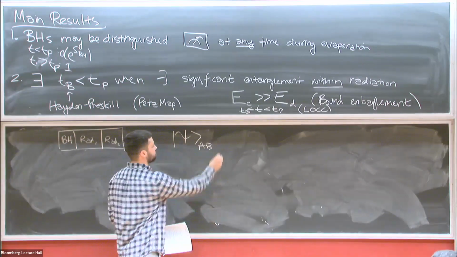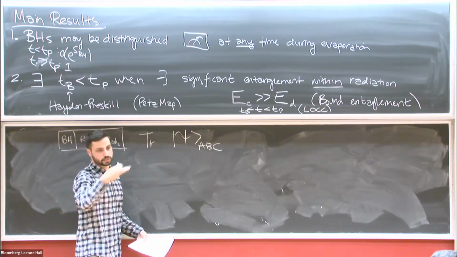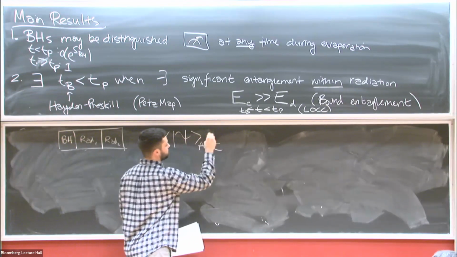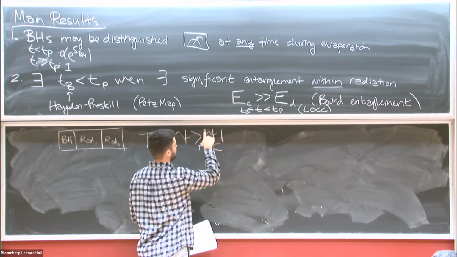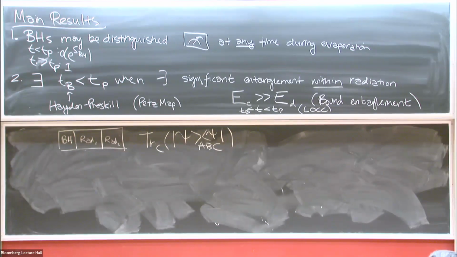But if I have some mixed state, so if I had a global state on A, B, and C, but I trace over C, entanglement entropy doesn't really tell you anything about entanglement.